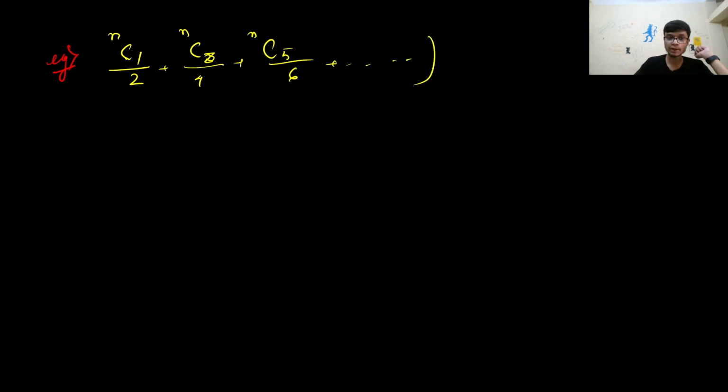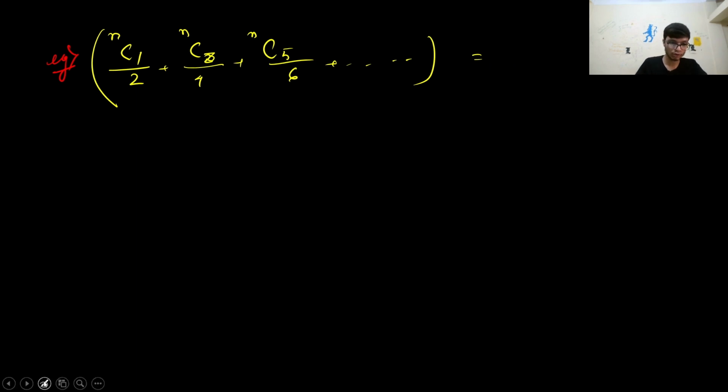We have to basically find out the summation of C1 by 2 plus C3 by 4 plus, of course, if nothing is written, this will basically be assumed as n. nC1 by 2, nC3 by 4, nC5 by 6, and so on. This particular summation you have to calculate. So what is the value of this particular summation?